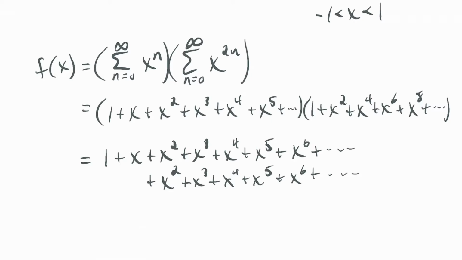Okay, then x to the fourth times this would be x to the fourth, x to the fifth, x to the sixth, x to the seventh, and so forth. Then x to the sixth times 1 would be x to the sixth, x to the seventh, x to the eighth, x to the ninth, and so forth. I think I will end up putting a few more in there.